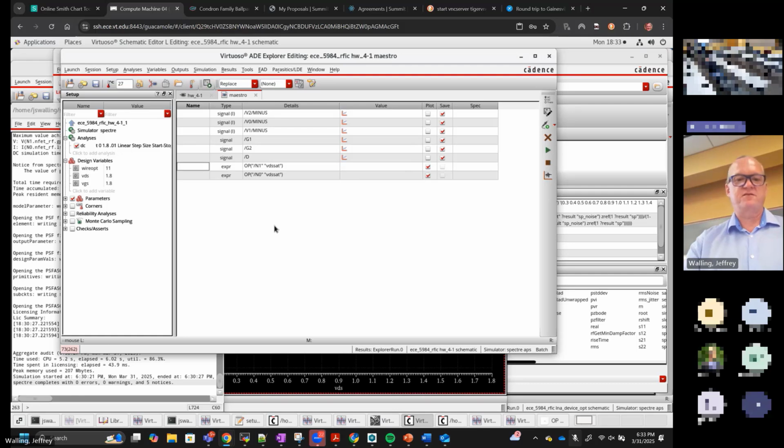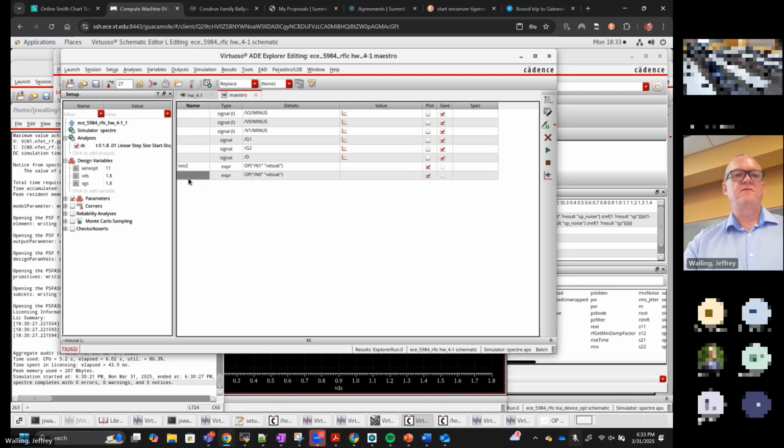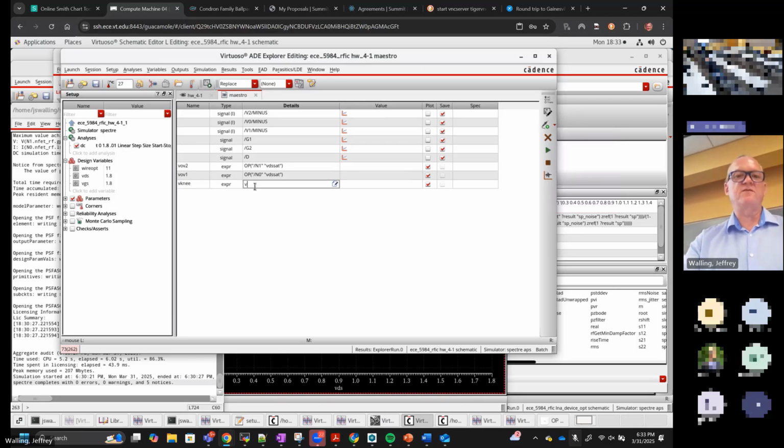I'm going to call this VOV2, VOV1. And I'm going to add an expression. I'm going to call this VNI, and this is going to be equal to VOV1 plus VOV2. So now I have VNI.